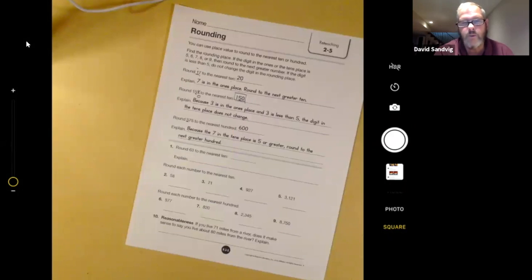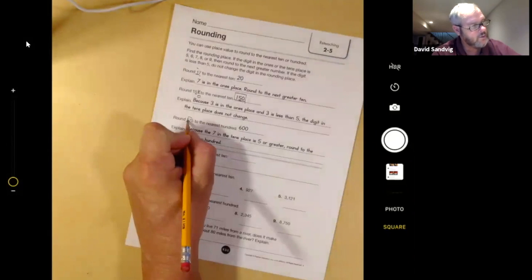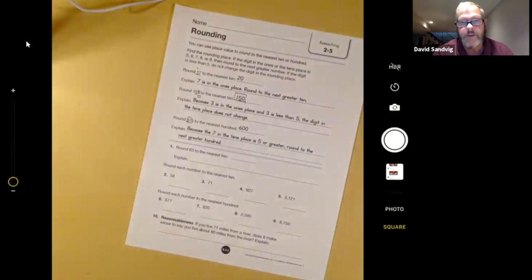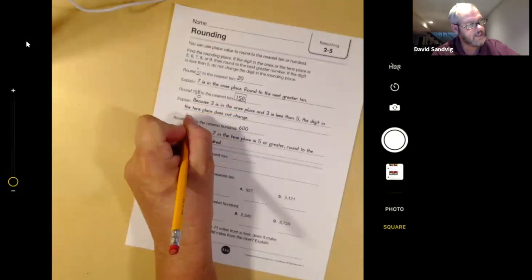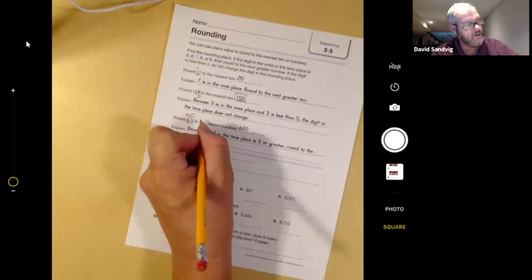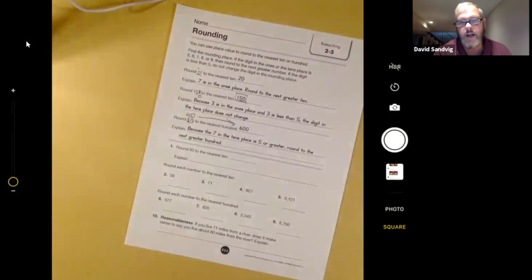And to do that, we are going to look to the number directly to its right, which is the 7. 7 is 5 or more, raise the score. So that 7 changes the 5 to a 6, and everything else becomes 0. And that's how you get your answer of 600. Because the 7 is in the tens place, is 5 or greater, round to the next greater 100.